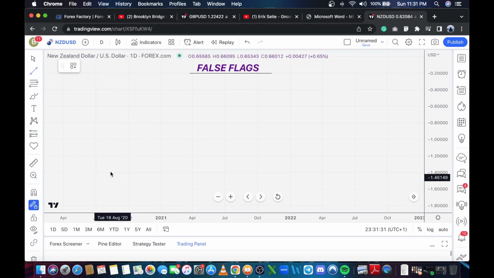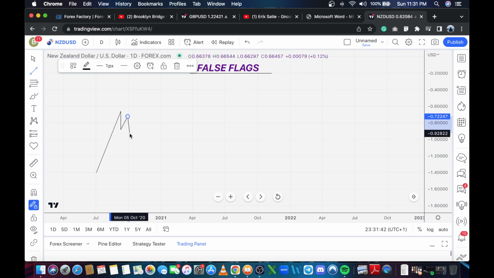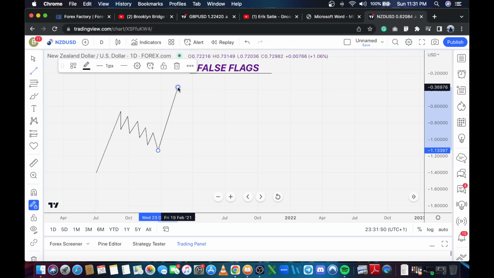Okay, so again, it is a classic chart pattern where the market makes an impulsive move in one direction, and then the market starts to retrace and retrace and retrace, and then makes the second impulsive move in the direction of the first impulsive move. Because this is what the retail textbook calls a flag.